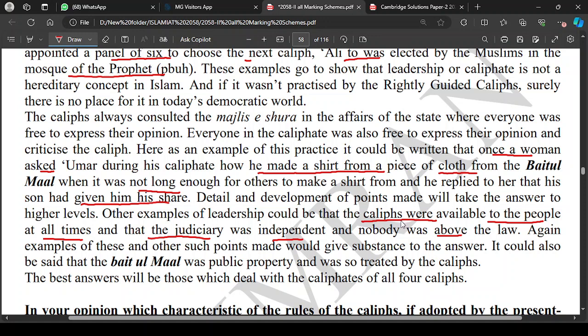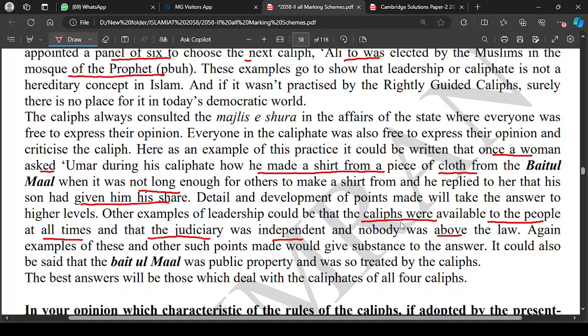The judiciary was completely independent, and Umar himself appeared before the court of Zaid bin Sabit. And when the judge showed some respect to him, Umar, may Allah be pleased with him, got annoyed, saying that if you cannot do justice between us, then you are not fit for the post of judge. So these are the examples.